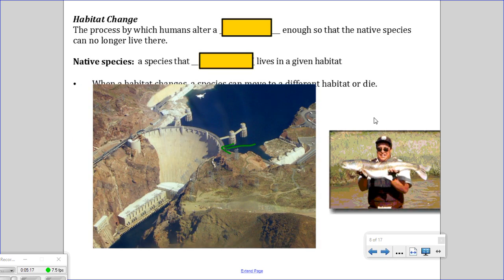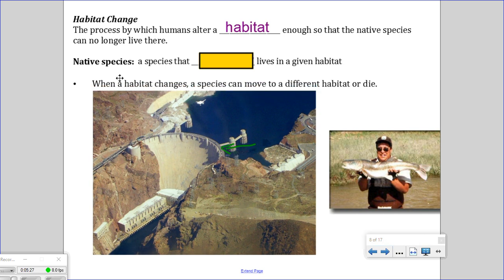When we talk about habitat change, this is the process by which humans alter a habitat enough so that the native species can no longer live there. So when we talk about a native species, we are talking about a species that normally lives in a given habitat. So a species that you would find naturally within a given ecosystem.